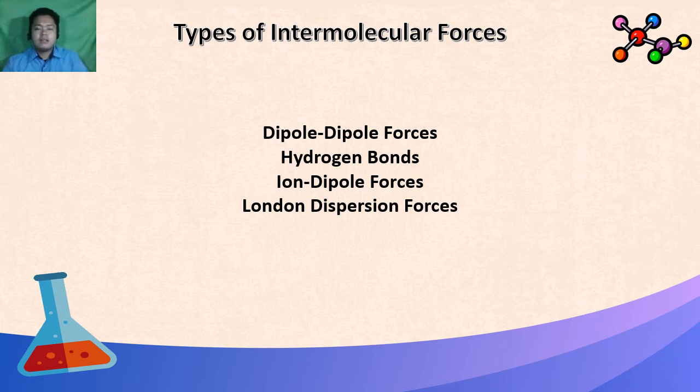Hydrogen bonding is an interaction that exists only in molecules that contain a hydrogen atom bonded to a small and highly electronegative atom. Next are the ion dipole forces, which act between an ion, either positive or negative, and a polar molecule. And lastly are the London dispersion forces, which act only in nonpolar molecules.